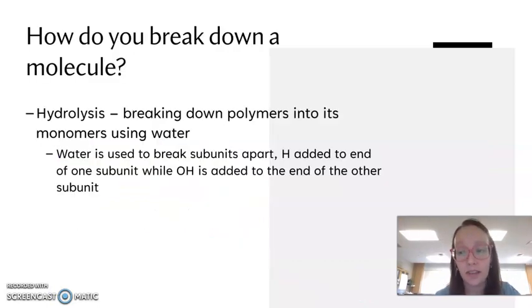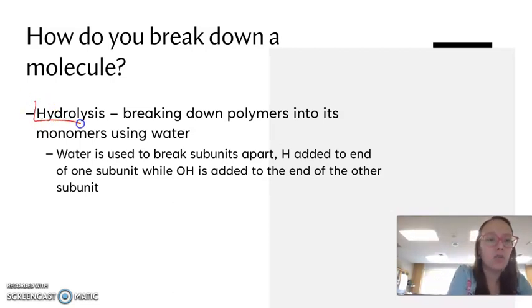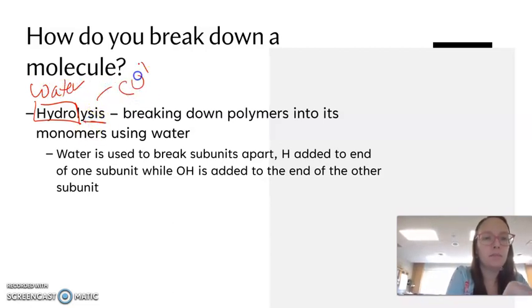The opposite, when I want to break down a molecule, think about it. You've got this huge molecule. How are you going to get it into a cell? It needs to be smaller to get in. So I've got to break it down. And I do that through a process called hydrolysis. If we break down the word hydrolysis, hydro is water, and lysis means to cut.